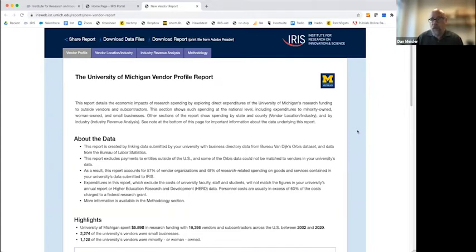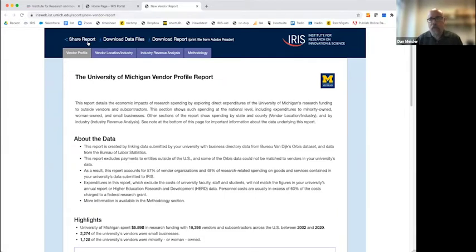As always, you can download the underlying data by clicking the Download Data link right here. You can download the entire report as a PDF by clicking here. And you can share this report with colleagues by clicking on the Share Report function.